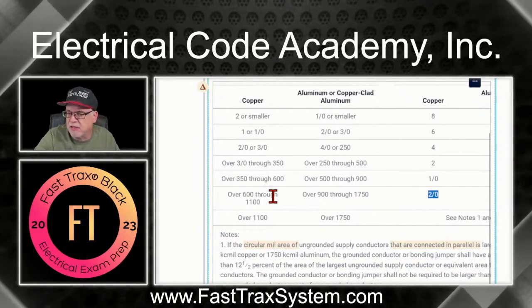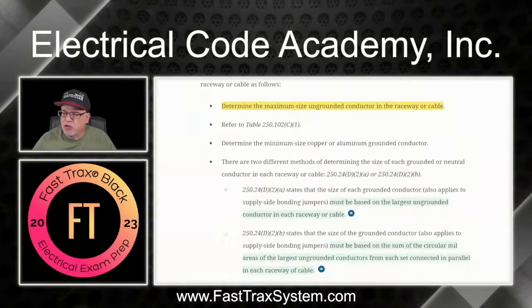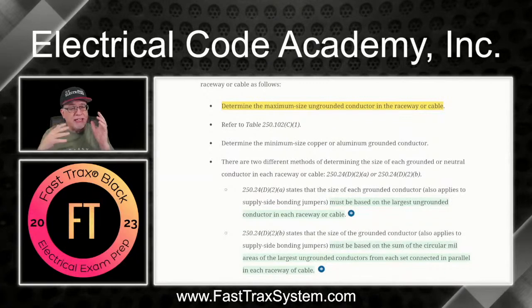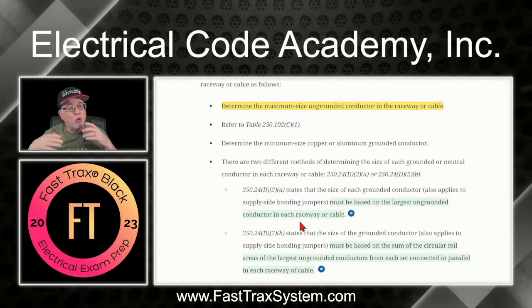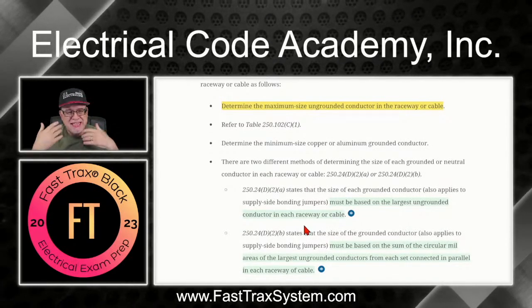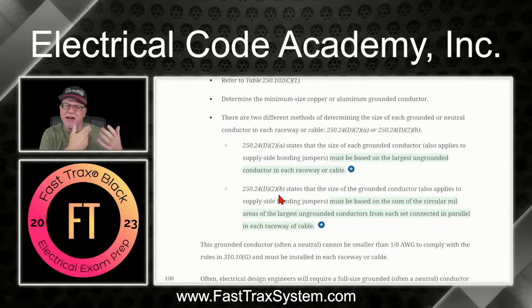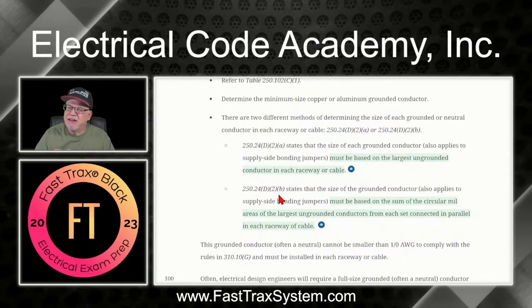Okay, so let's come back to the lesson. So that's your two options here. And that's how it's written in the 2023 edition of the National Electrical Code. Now, in the 2020, it's what it means, but it's not as cleanly spelled out here, but it's the same practice, same rules, but it's just not as clean.